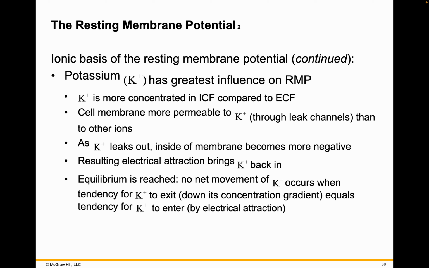Potassium leaks out, the inside of the membrane becomes more negative, resulting in electrical attraction that will help bring potassium back in. You will reach equilibrium eventually. There will be no net movement of potassium when the tendency for potassium to exit equals the tendency for potassium to enter. It's exiting because of its concentration gradient. It's entering because of the negative charge, the electrical attraction.